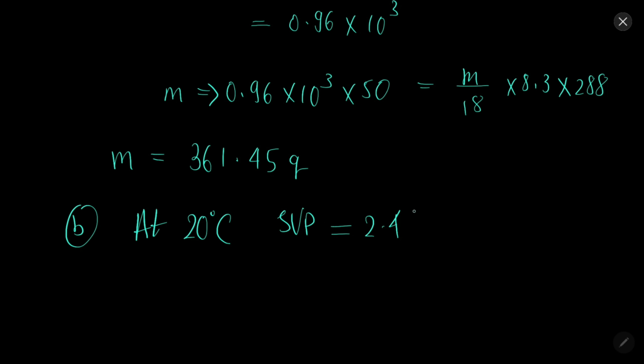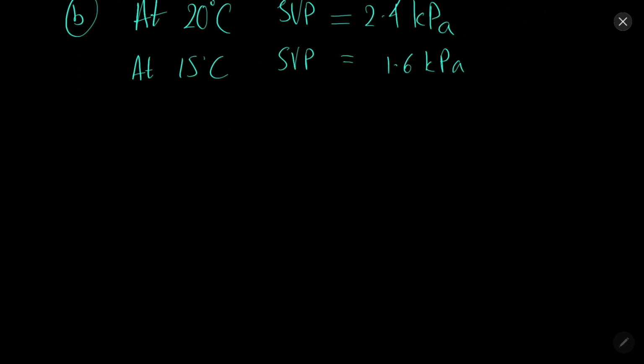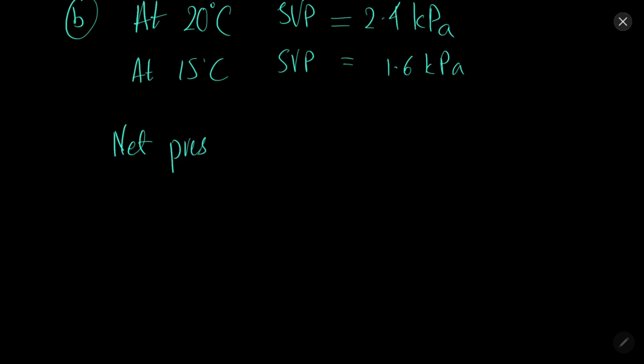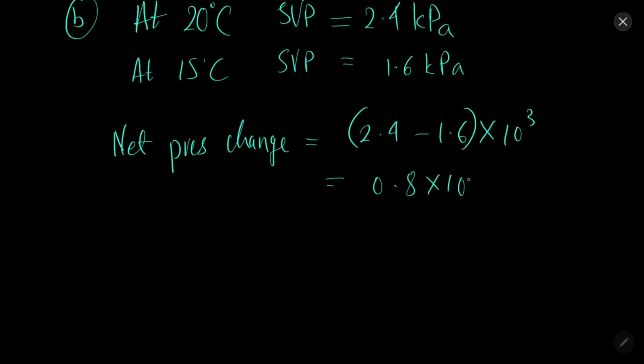B part, at 20 degrees Celsius, SVP is 2.4 kilopascal. At 15 degrees Celsius, SVP is 1.6 kilopascal. So net pressure change is 2.4 minus 1.6 into 10 to the power 3, 0.8 into 10 to the power 3 pascals is the net change in the pressure.